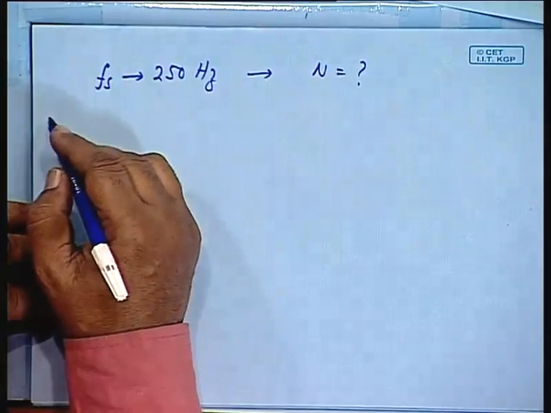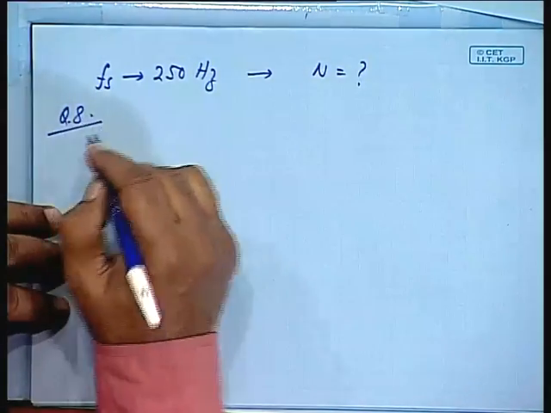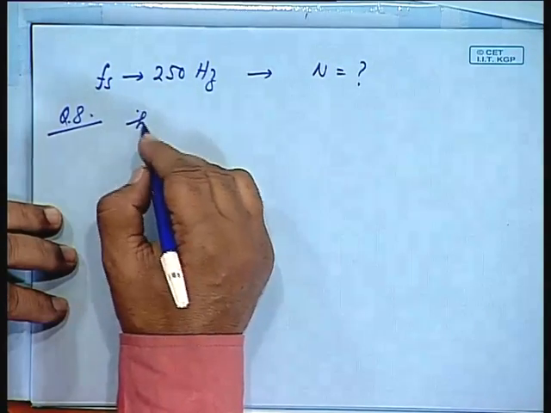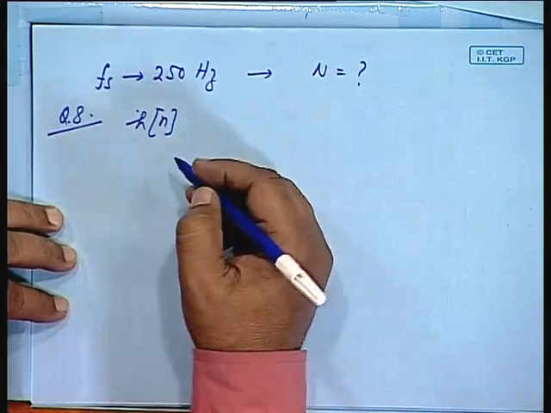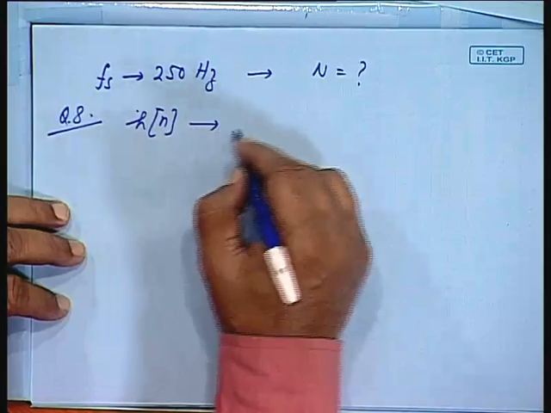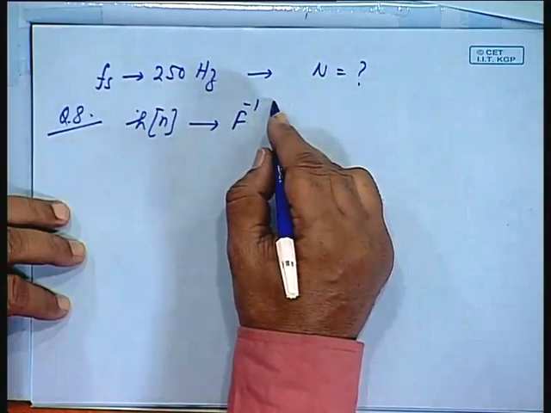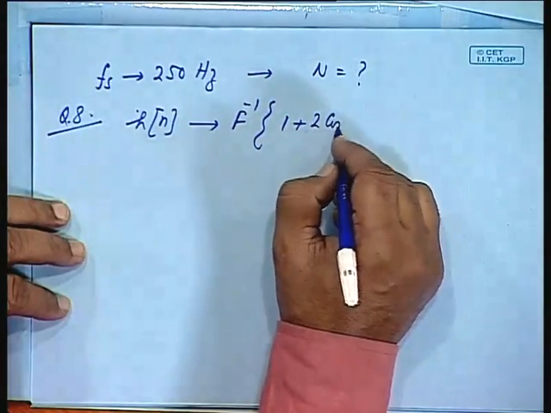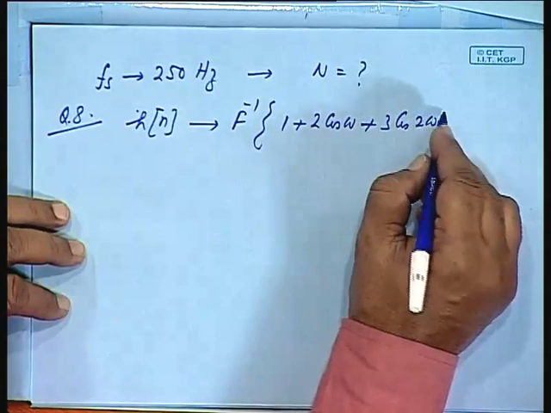Next we had another question: determine the sequence h[n], which will be the inverse DTFT, that is Fourier inverse of 1 plus 2 cosine omega plus 3 cosine 2 omega.